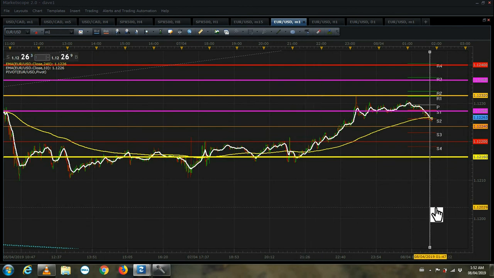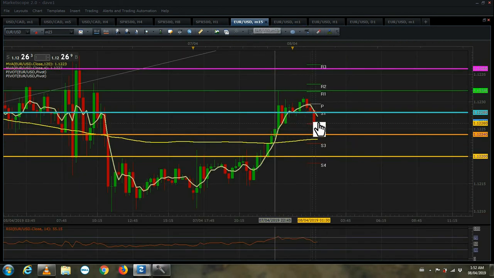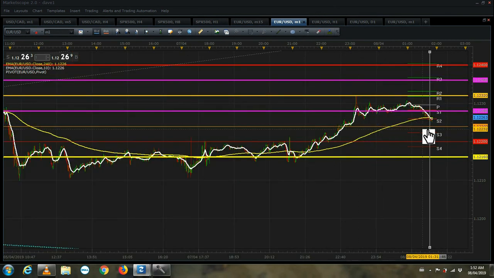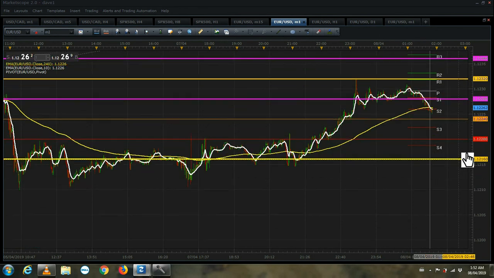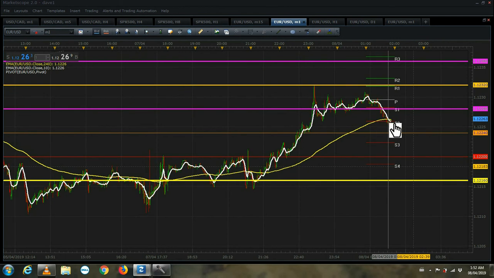Is it still bullish? Yeah, still bullish, except for the 1 minute. The 1 minute's kind of negated it right now, right here. The 15-minute is on its way there. It hasn't really negated it. So I'm going to be cautious, because I like a 3 out of 3 rule.